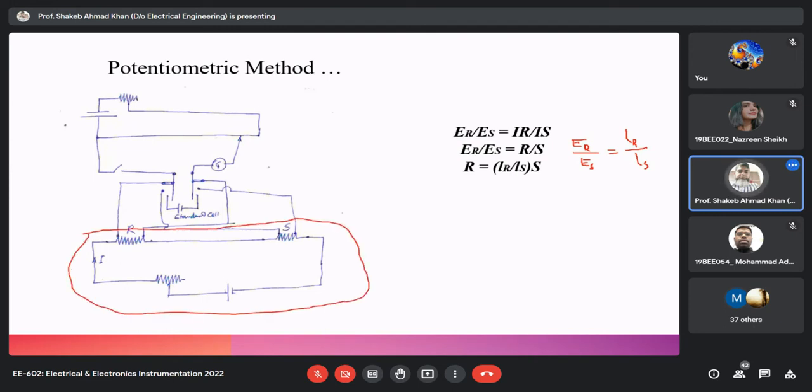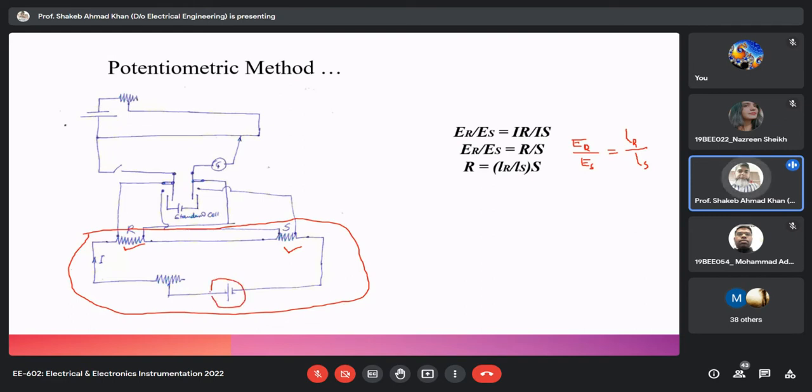So here what we are doing, we are connecting an unknown small resistance and a known standard small resistance, means this resistance is in the range of this resistance. So both of them are small resistances, and they are connected in series, and this series combination is connected across a voltage source.